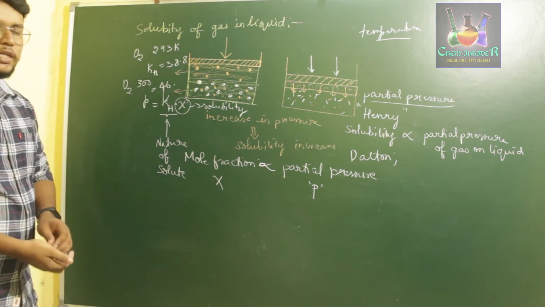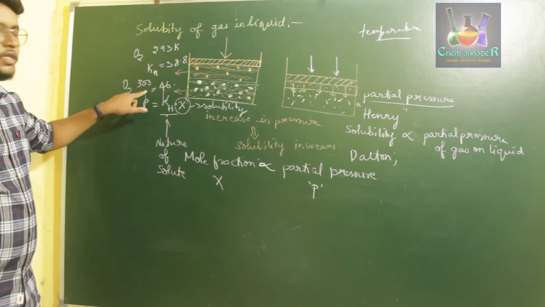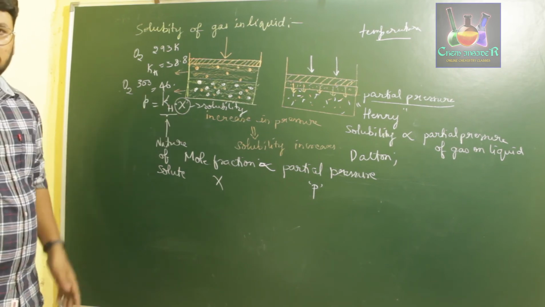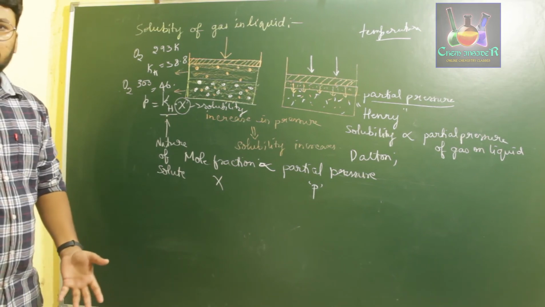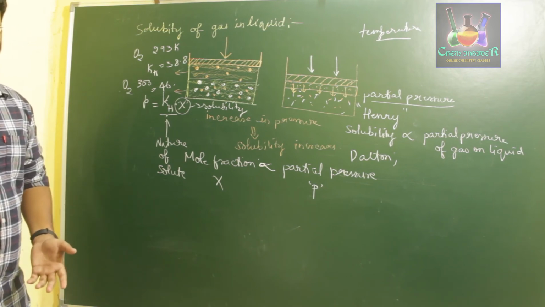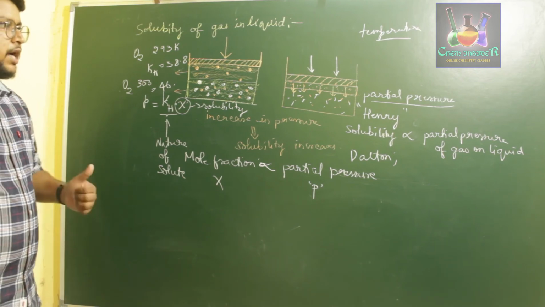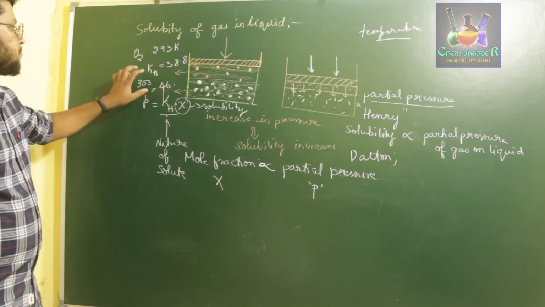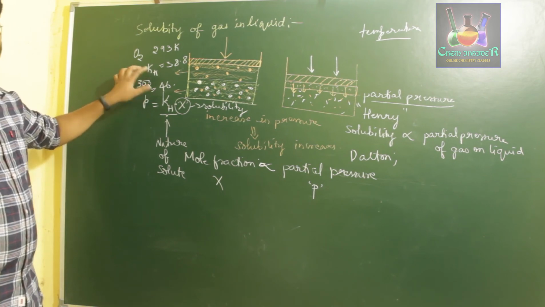So clearly an increase in temperature gives an increase in Henry's constant, and with the increase in Henry's constant, the solubility of oxygen gas decreases. If the solubility decreases, there will be less oxygen present in the seawater, which results in suffocation for breathing or respiration of aquatic animals or plants. Therefore, aquatic animals are more comfortable under cold temperature because solubility will be high, because of kH being less.